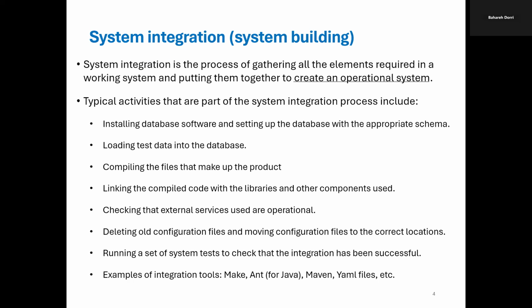to work with. Next, we compile the source code. Once the code is built, it's linked with any required libraries or dependencies. This ensures all the pieces talk to each other correctly. Then we check that any external services, like APIs or authentication systems, are up and running.